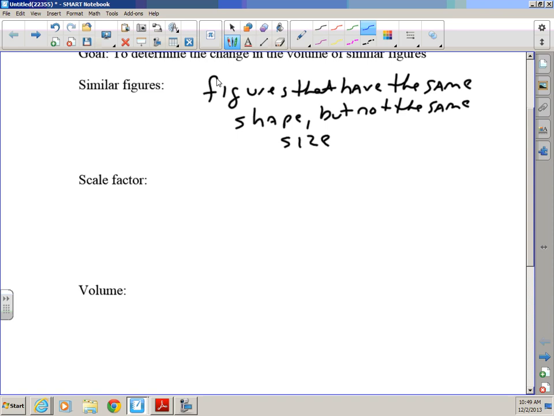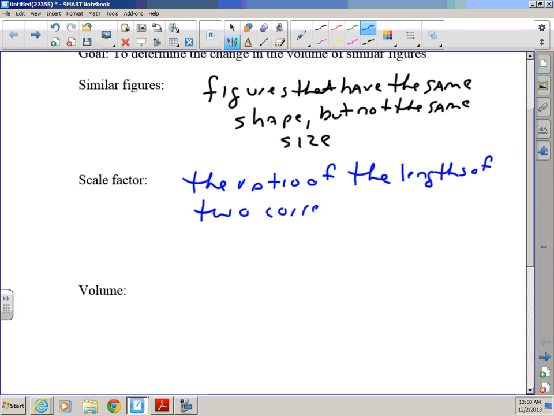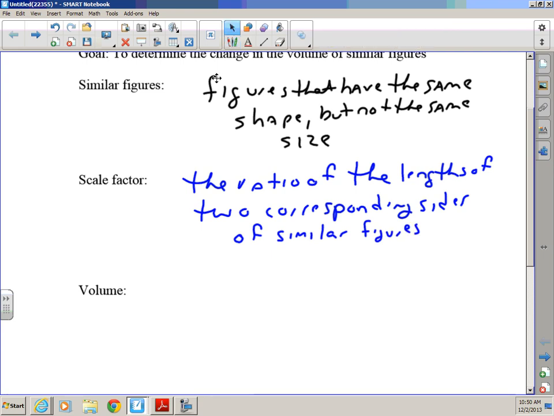The scale factor, as you might recall, is the ratio of the lengths of two corresponding sides of similar figures.